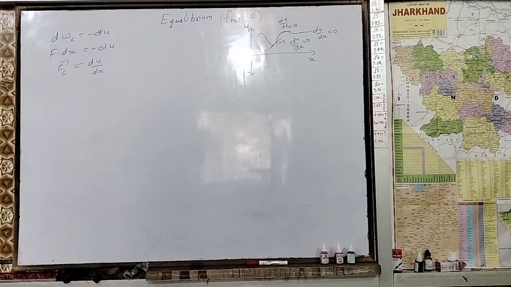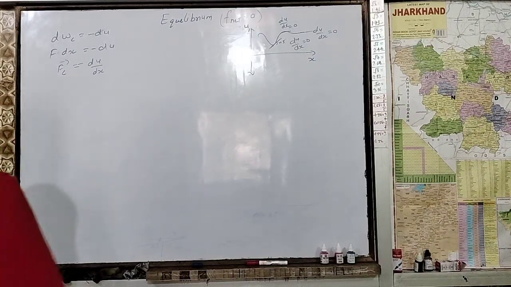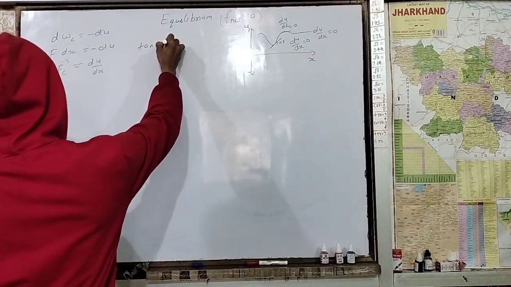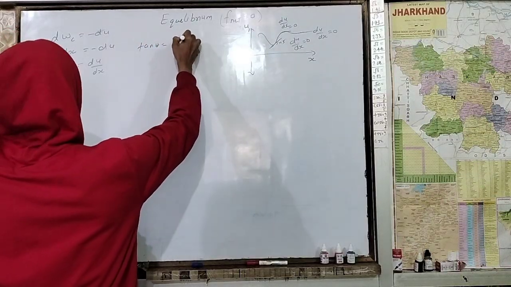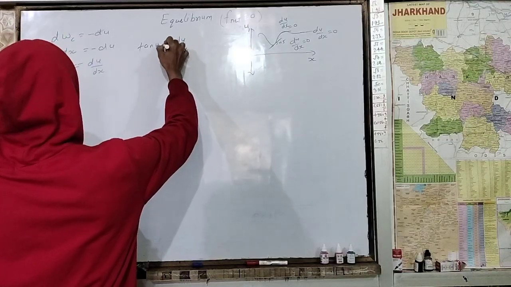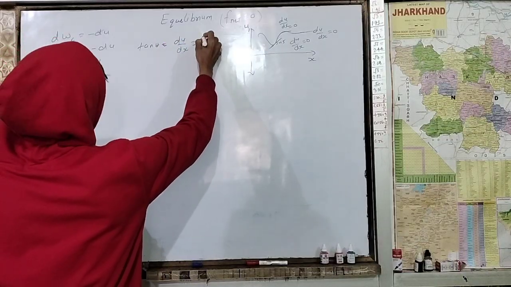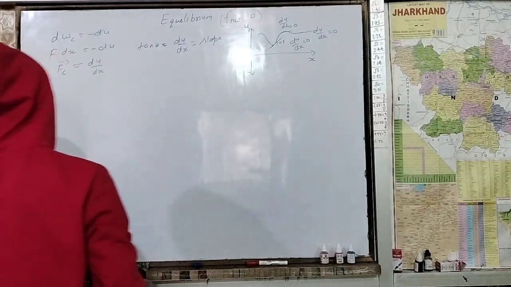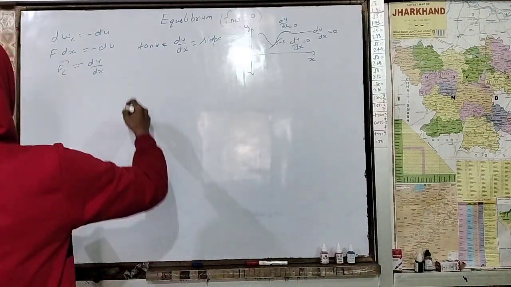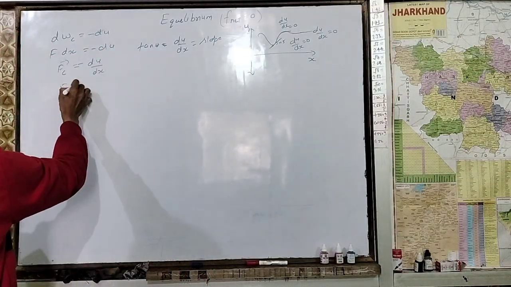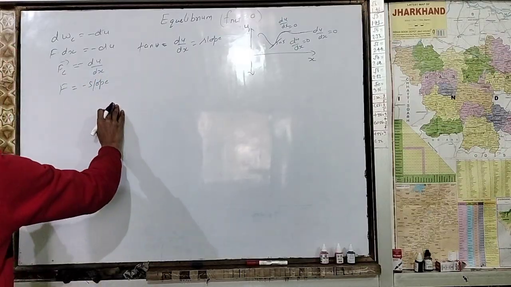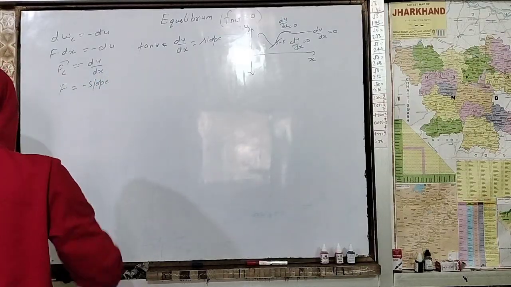You know that slope can be written as tan theta, equal to dU upon dx, which is a slope. So F is nothing but the minus slope.